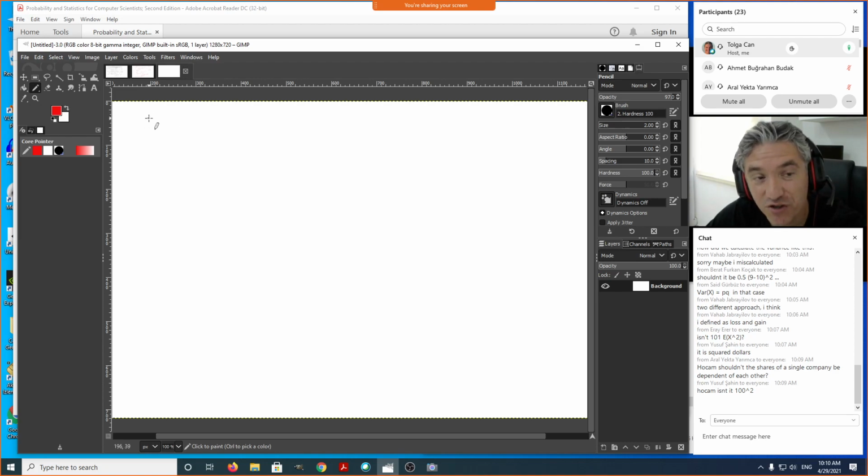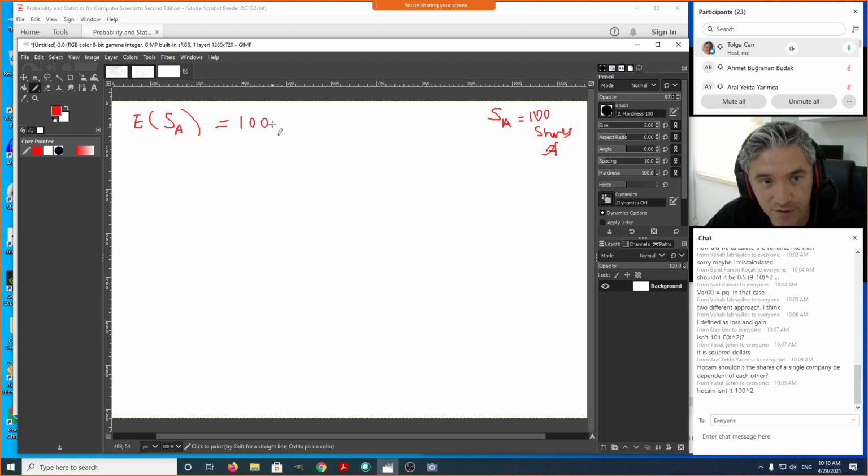If you buy 100 shares of A, now I define my random variable, let's call it SA, which is the sum of 100 shares of A. The expected value of this obviously is 1000, right?